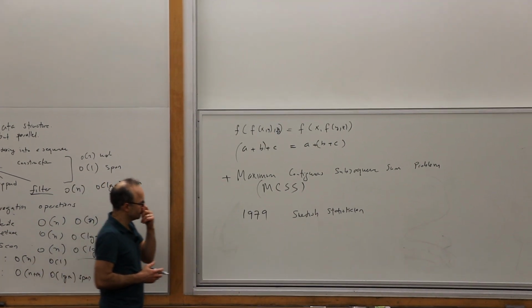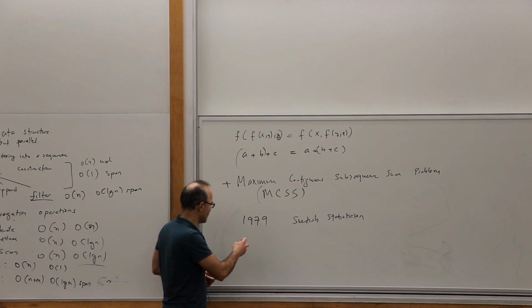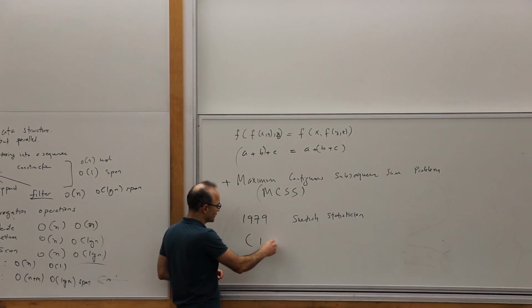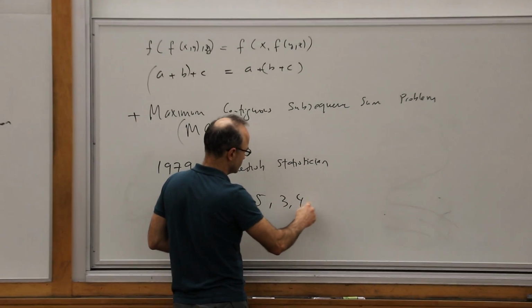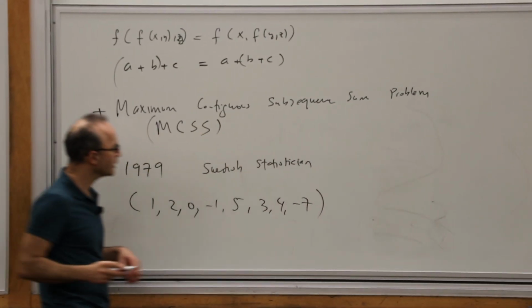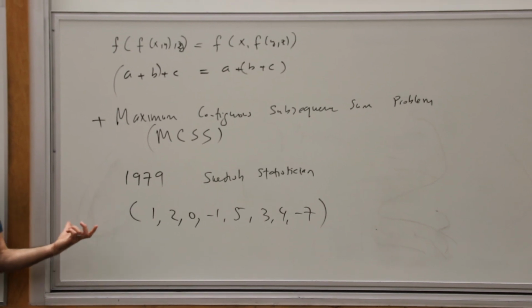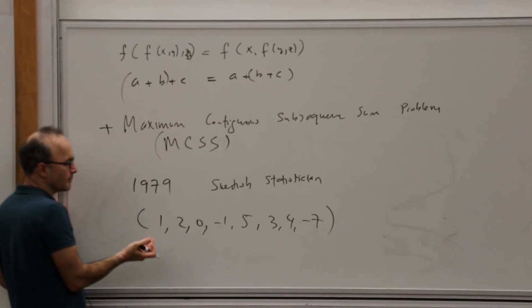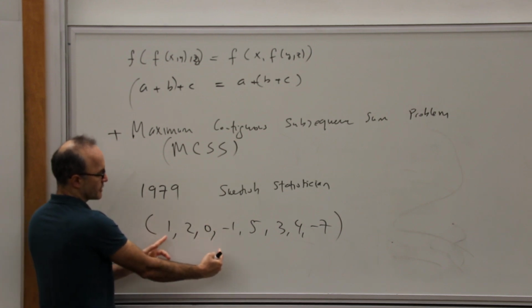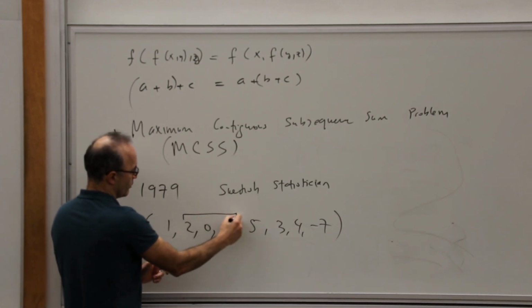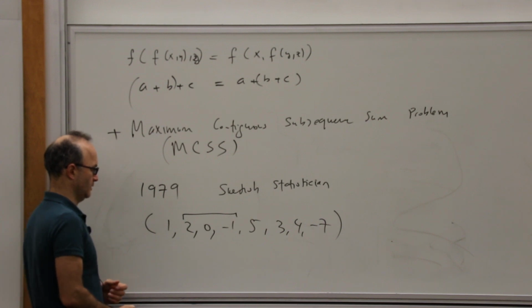So what's the problem? The problem is you're given a sequence, like this, let's say. And you're asked to find a contiguous subsequence. A contiguous subsequence is a chunk of this, a segment of the sequence. Like that one would be a contiguous subsequence, right?